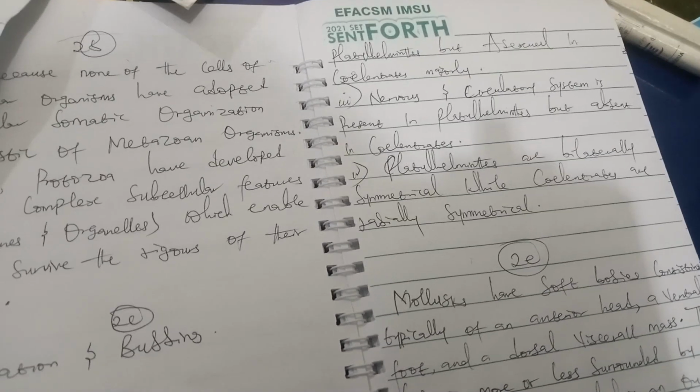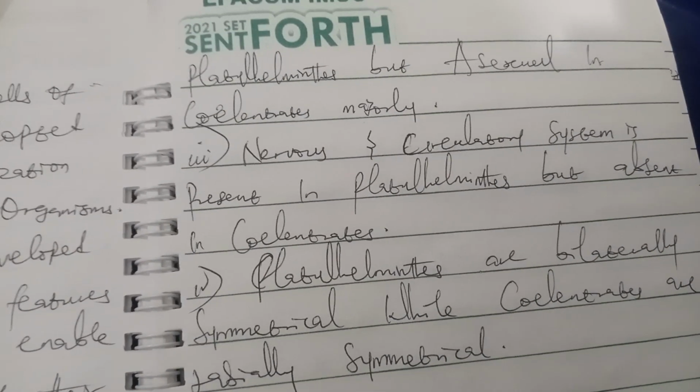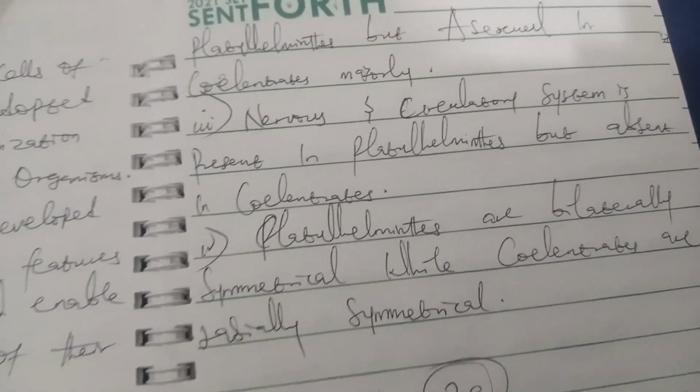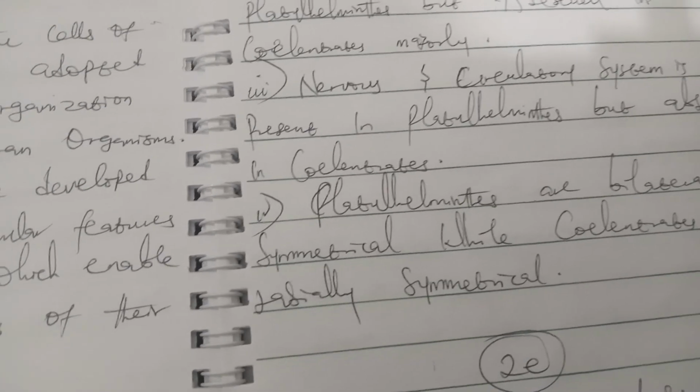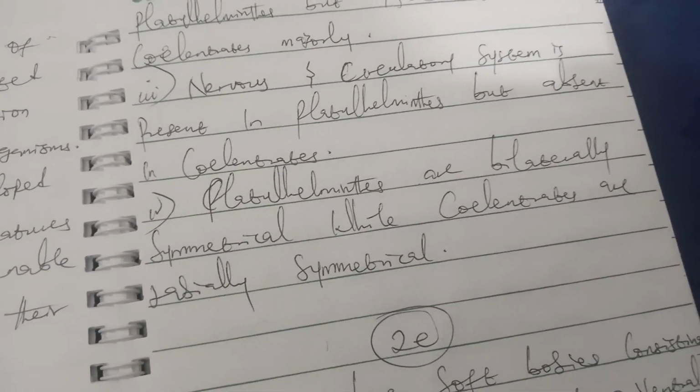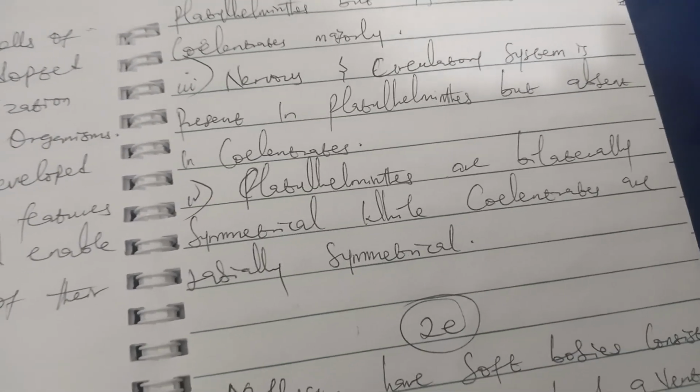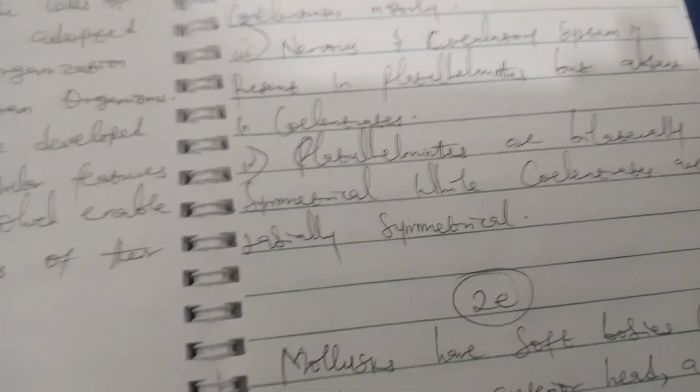Reproduction is majorly sexual in Platyhelminthes, but asexual in coelenterates. Nervous and circulatory systems are present in Platyhelminthes, but absent in coelenterates. Platyhelminthes are bilaterally symmetrical, while coelenterates are radially symmetrical.